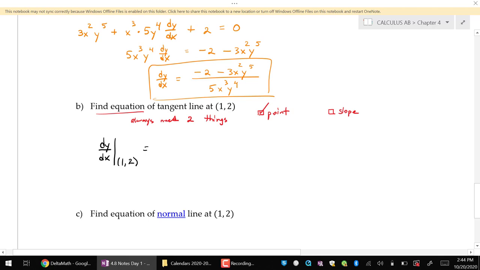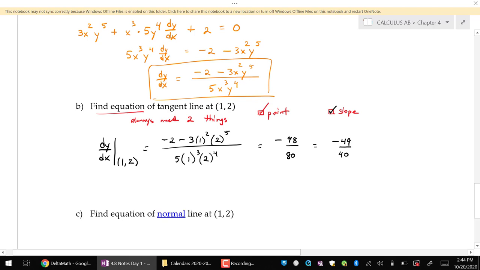So that will become negative 2 minus 3 times 1 squared times 2 to the 5th, all divided by 5 times 1 cubed times 2 to the 4th. So compute all that, and we should end up with a value of negative 98 divided by 80, which reduces to negative 49 over 40.